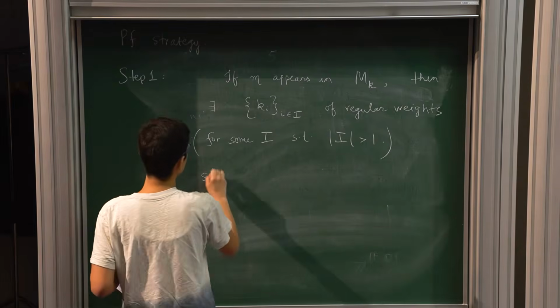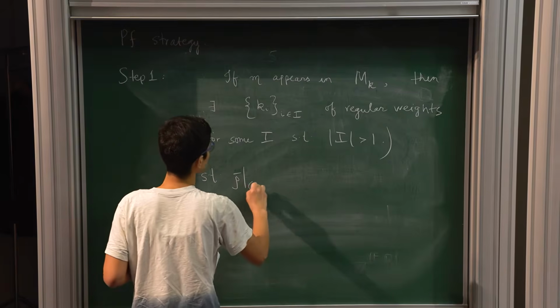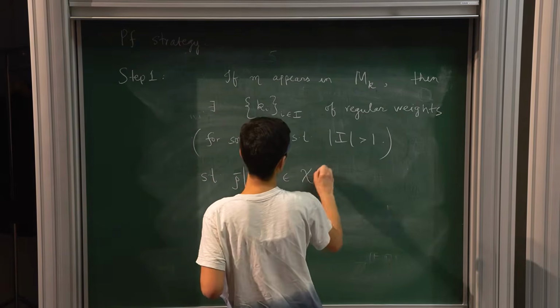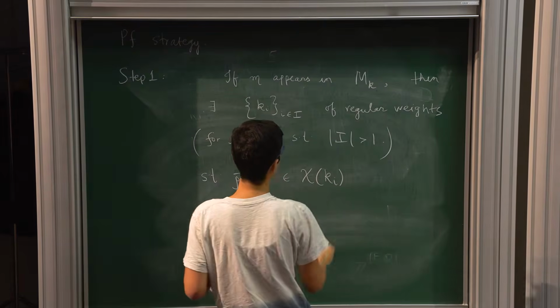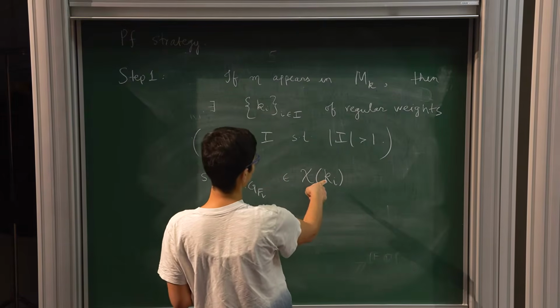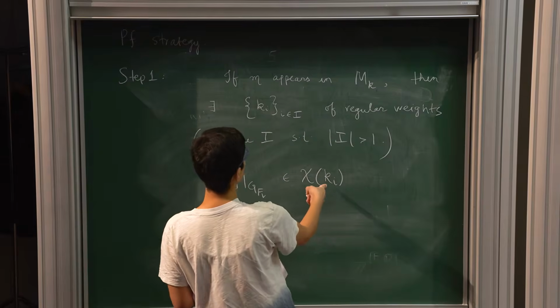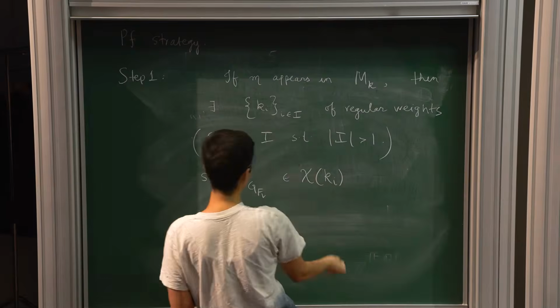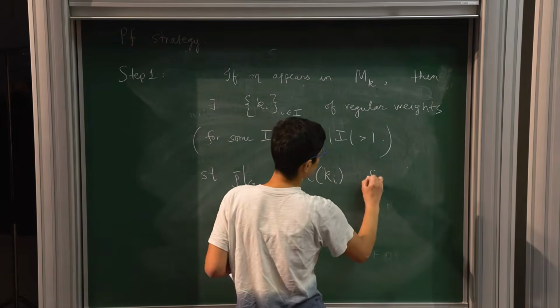Such that our local Galois representation lives in the moduli stack of mod p representations admitting crystalline lifts of weight k_i, which is regular now for each i.